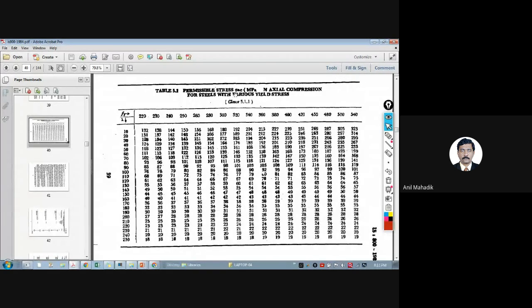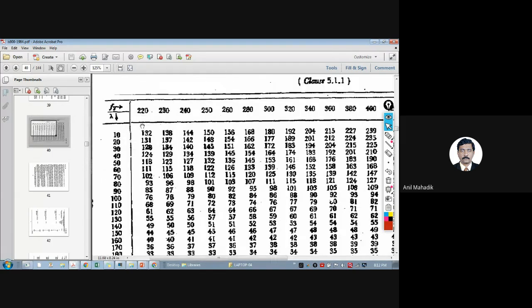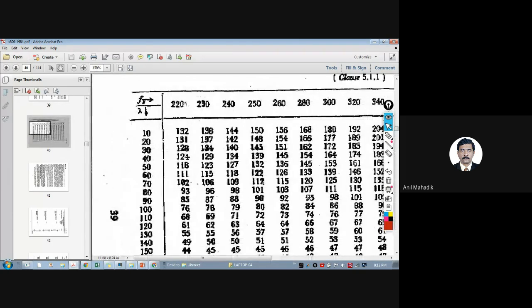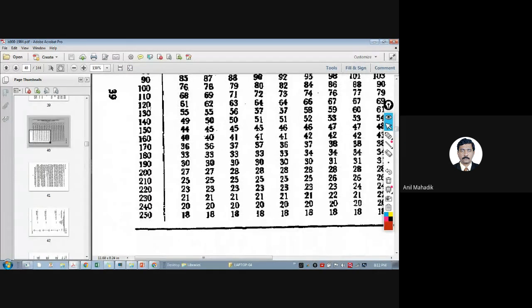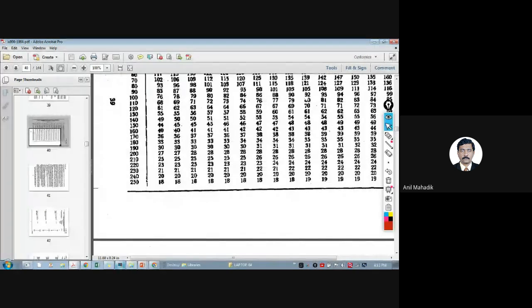Permissible stresses in compression. Okay. Now it is given here Fy is equal to 250. So our grade of steel is 250. So we will take this value and lambda is here in this direction. Now actually in this case, it's not right actually.